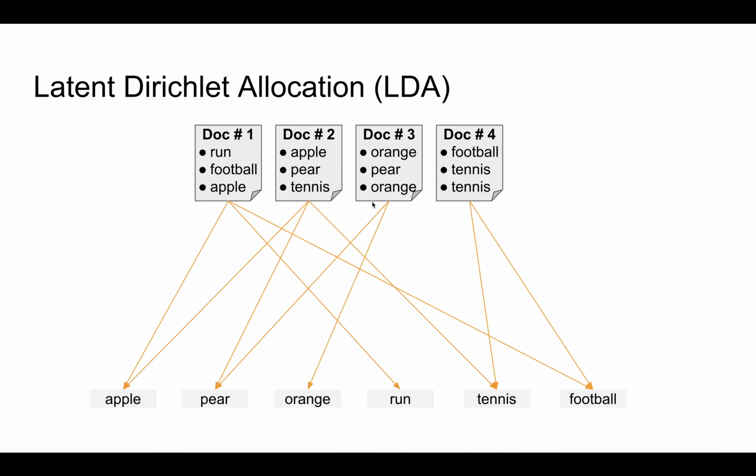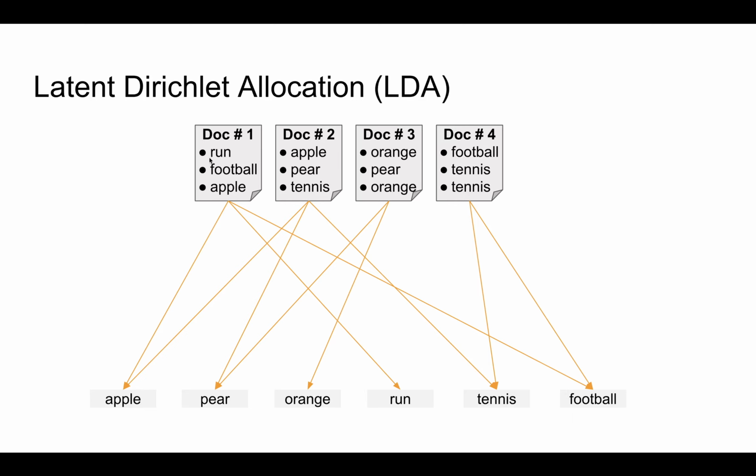Finally, let's look at latent Dirichlet allocation, LDA. So broadly speaking, the idea is that let's say we have a couple of documents and we need to find the topics to which each of these documents would belong. We do not know the topics ahead of time, but we do know what words are there in each of these documents.